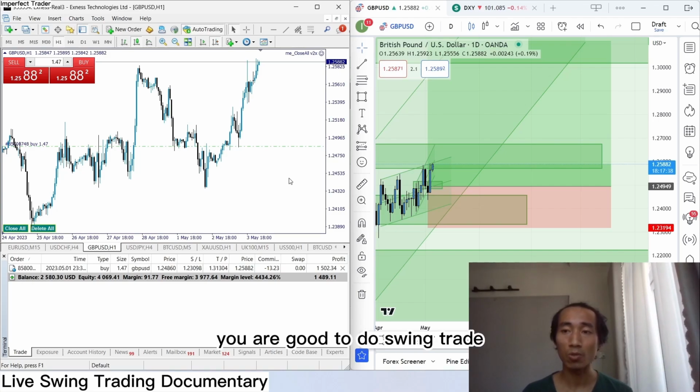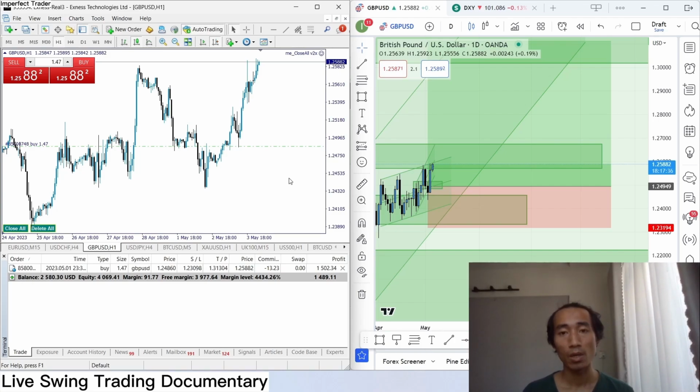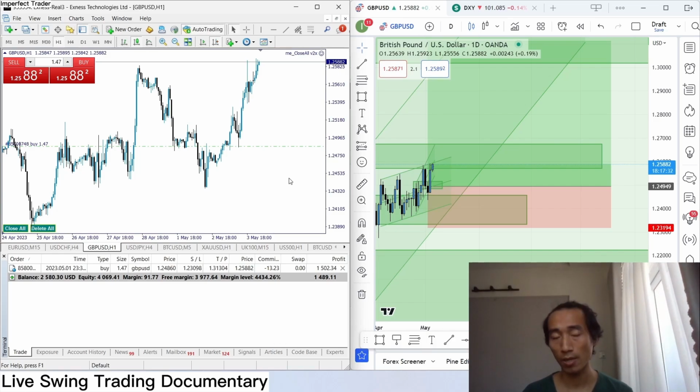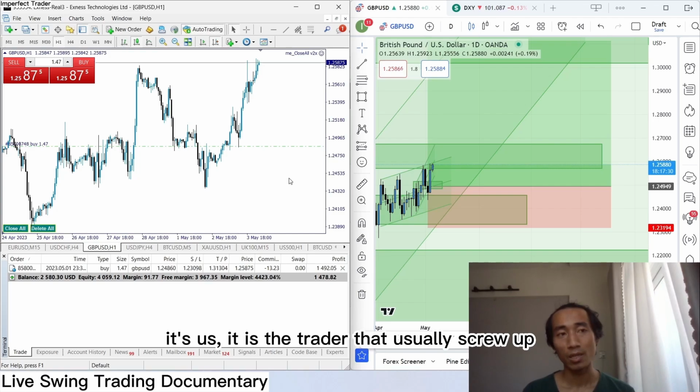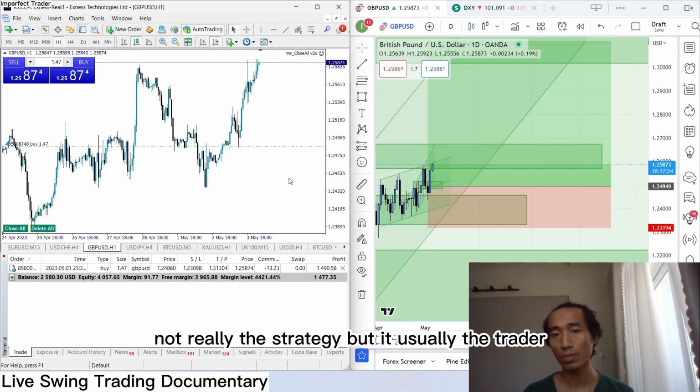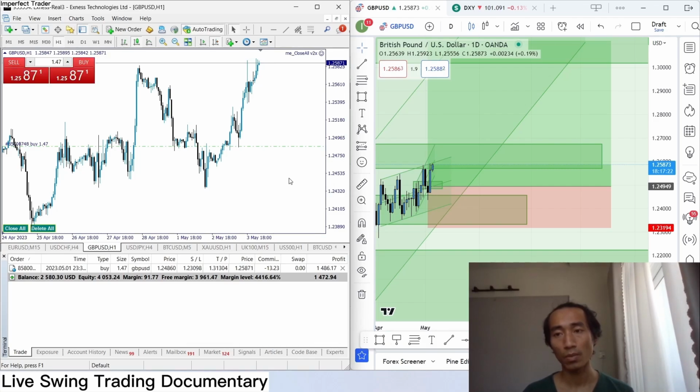You are good to do swing trades because from what I see, they all work. It's Earth. It is the trader that usually screws up, not really the strategy.